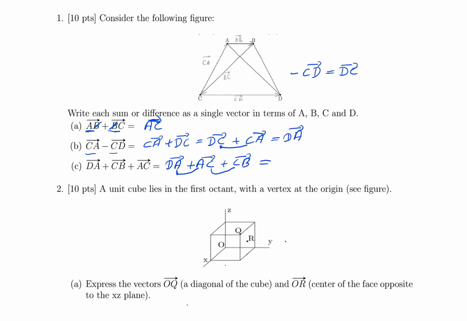Let me check. DA vector is this one, then AC is this one, CB is this one. So the starting point is D, the end point is B. So the resultant vector should be DB vector. Yes, it is right.